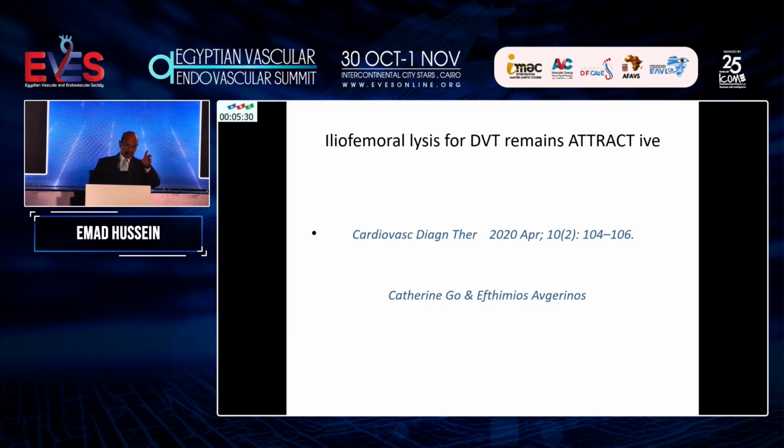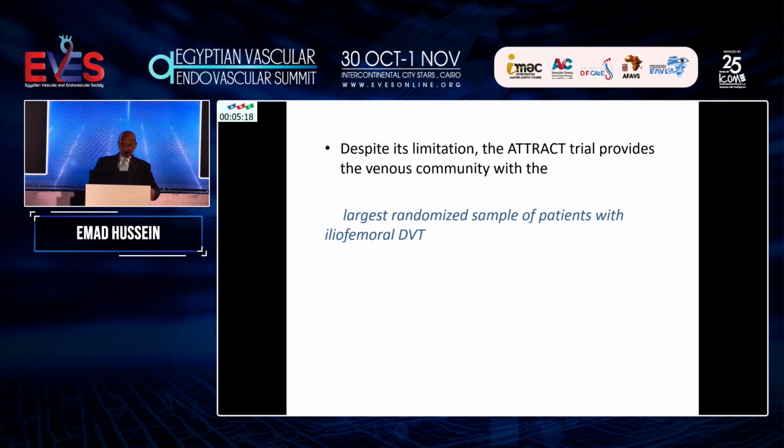But personally, and I think some of our colleagues back home at Ain Shams, we have had 24 and 26 days of successful lysis. We'll see how to quantify the lysis. This is very important as well.